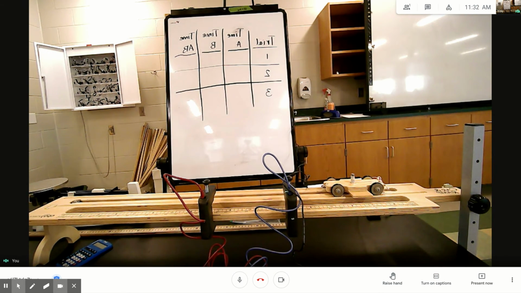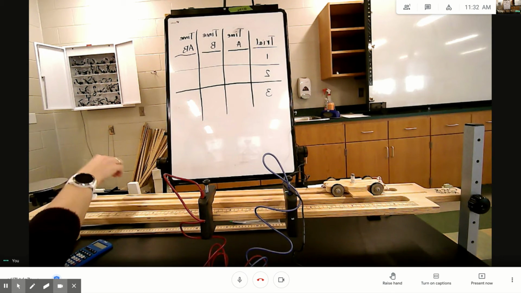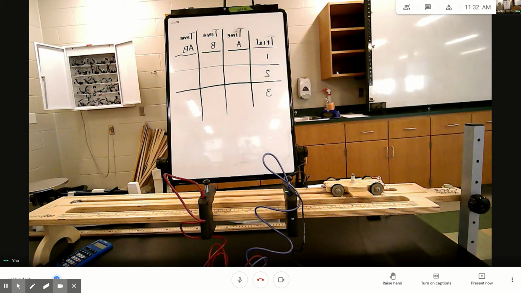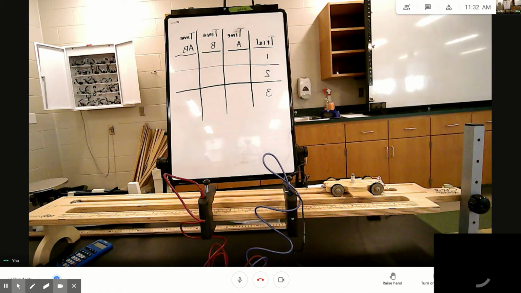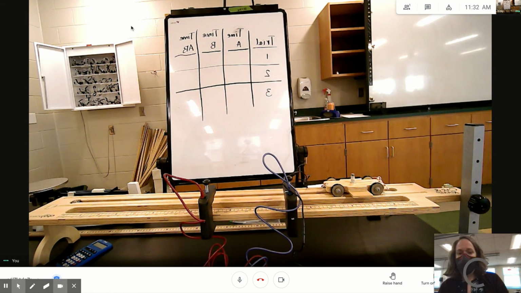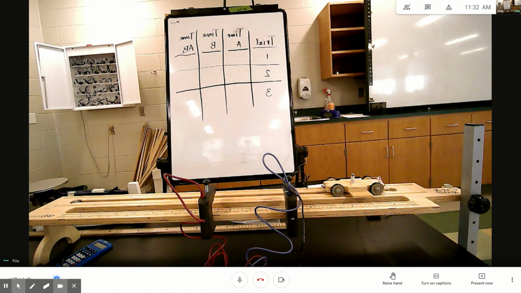All right, then you have to use the triple beam balance, and I will show you what I mean by that. If you look at your screen, you see the triple beam balance over here. I used that earlier, and I got a mass for you to use.